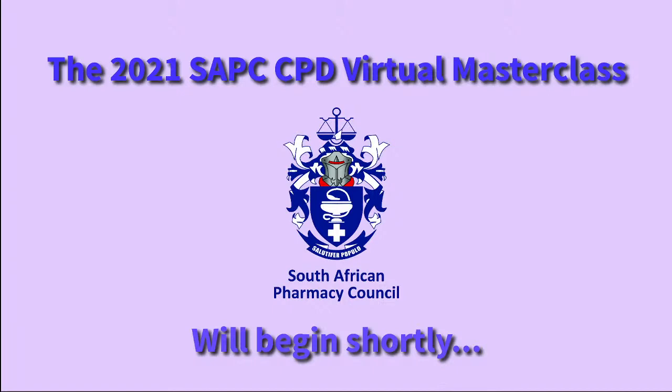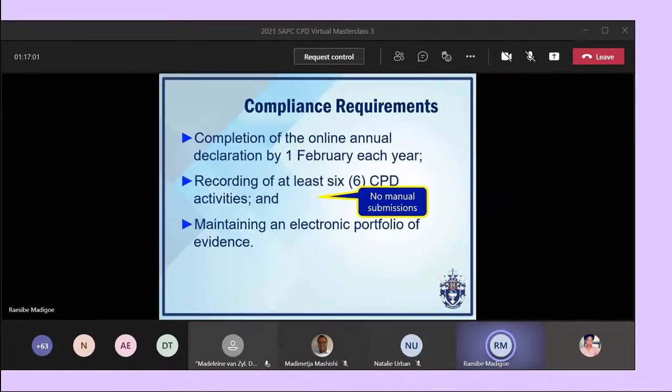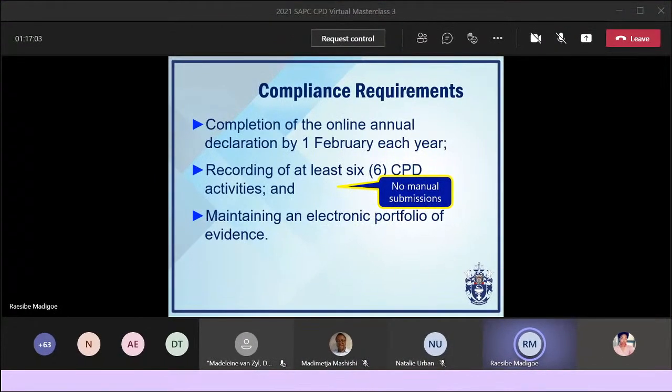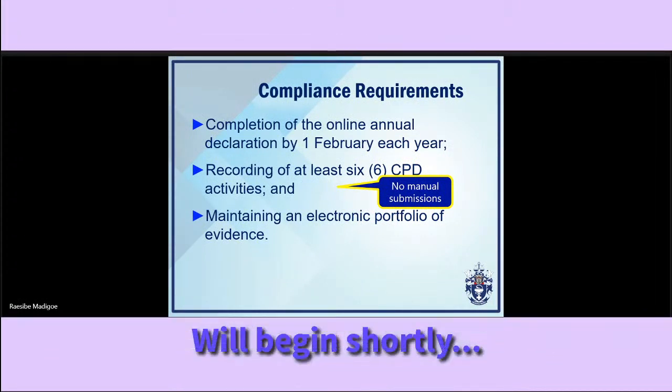Compliance requirements. The South African Pharmacy Council requires of you, on or before the 1st of February of each year, to complete your annual declaration. This is required of each and every registered pharmacist, regardless of what designation you make yourself.